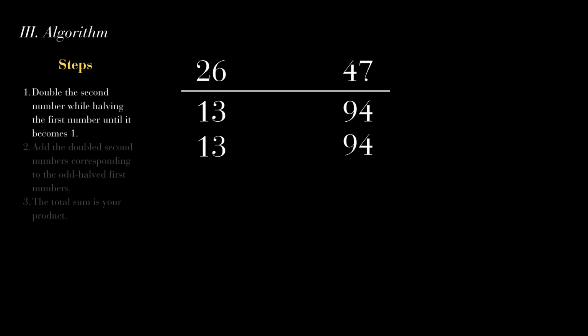As you can see, we have these two numbers that we want to multiply. The first step I want you to do is you bring the first number and you divide it by 2.